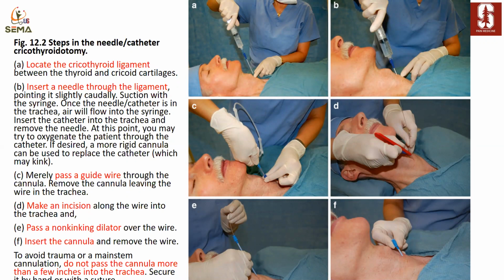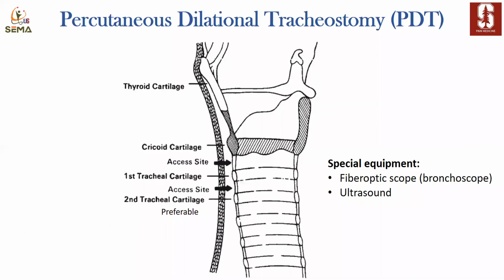You can use a syringe, go through the cricothyroid ligament and look for bubbles, then slide the catheter, then you have the guide wire, then you dilate, then you put the dilator, then you replace it with the cannula, and you can oxygenate and even use a jet ventilator.